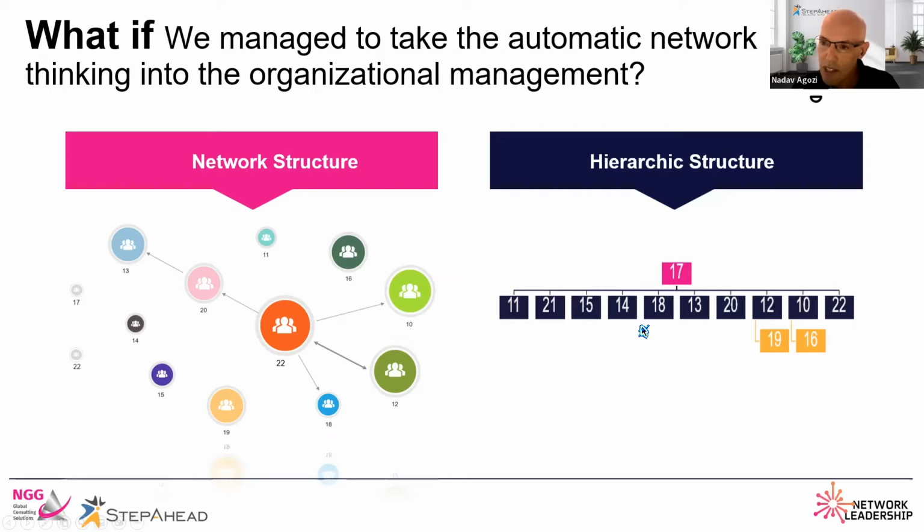On the right side of the screen, we see a company, and the numbers in this diagram represent different departments. The CEO is the pink 17 here. On the left side, we see a network structure of the same company, the same departments.